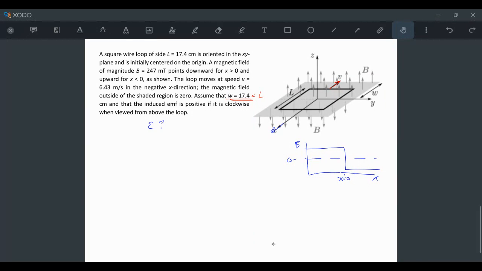So as the loop moves towards the back of this plot, moving in the negative x direction, the amount of magnetic field that is piercing through the area of this loop, otherwise known as the flux, initially is 0, right? There is this region here that I can carve out in blue.